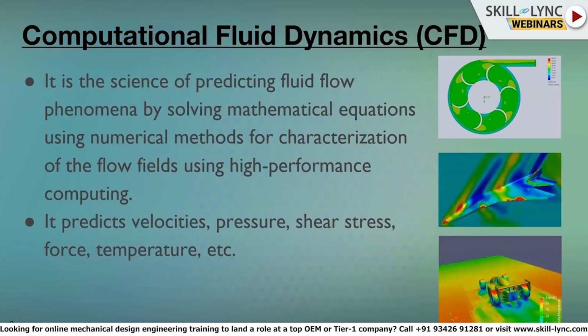Because we ultimately want to optimize the design of the product, or we need a better performance, or better fuel economy, or less drag, or we need to predict the heat transfer in a boiler, or heat transfer of a hot fluid flowing through a pipe, or we need to optimize the piping network. These are various applications that we will see in the coming slides. So that is the overall objective and introduction to computational fluid dynamics.